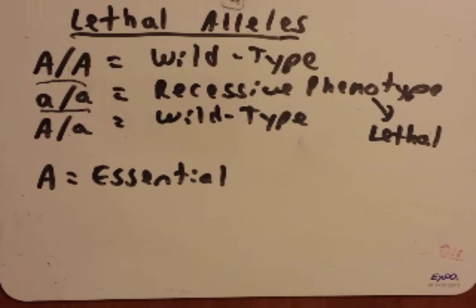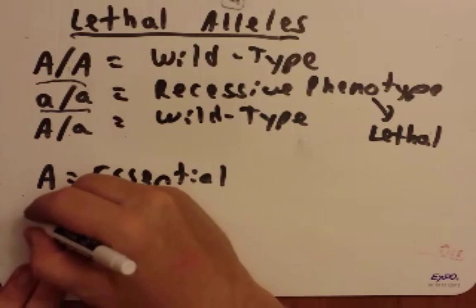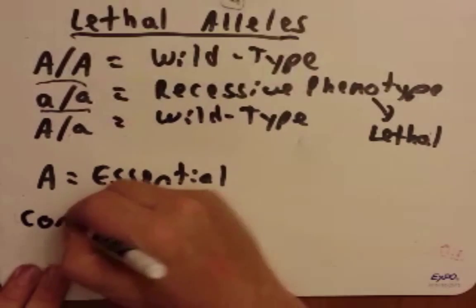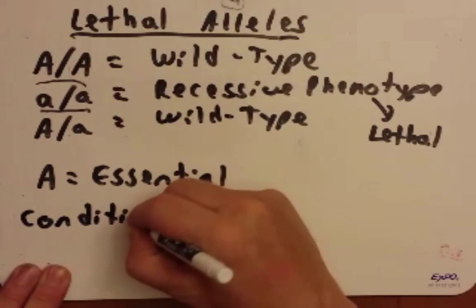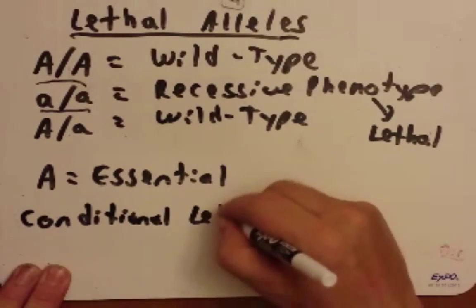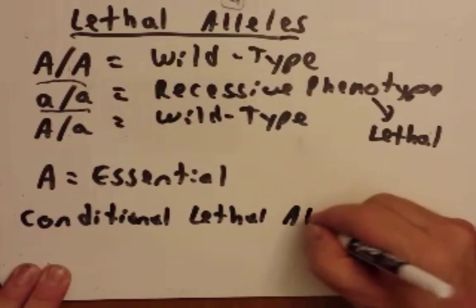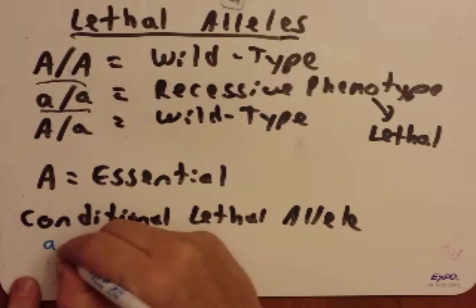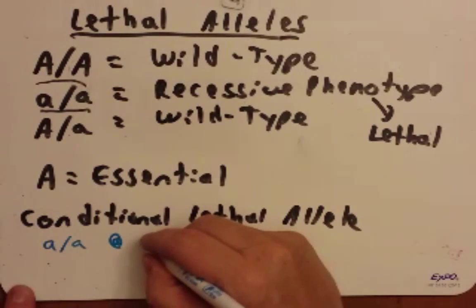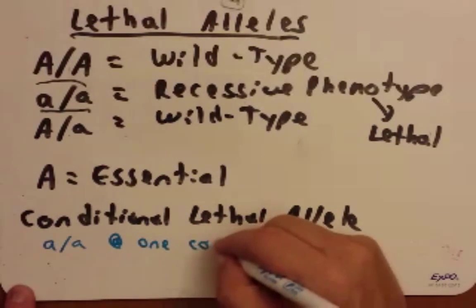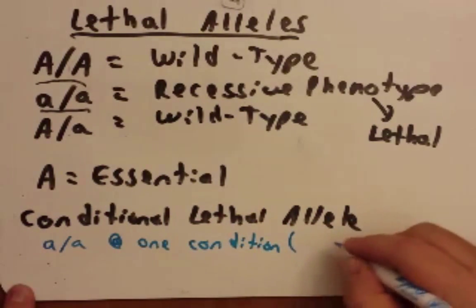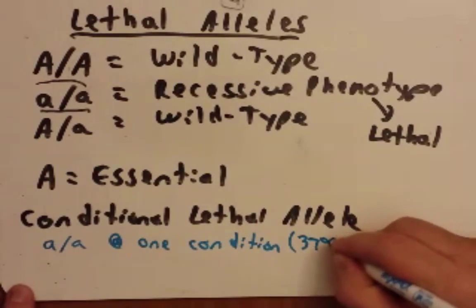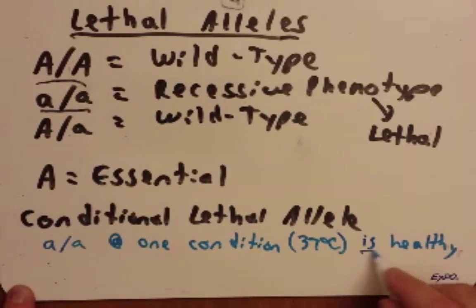We should also talk about a term called conditional lethal allele. So if we continue our example up here, an individual who is little a, at one condition, and we'll give an example, say 37 degrees Celsius, say body temperature, is healthy.